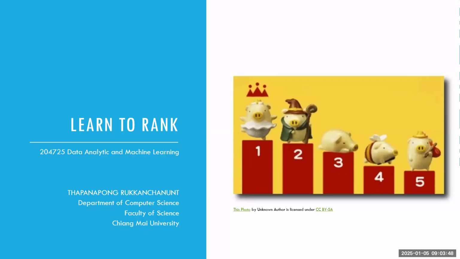Okay. So today, our topic is about ranking. We learned clustering, decision trees, and linear regression. Today, we learn about a new type of problem called the ranking problem. And this problem has actually come up a lot in the past 10 years.